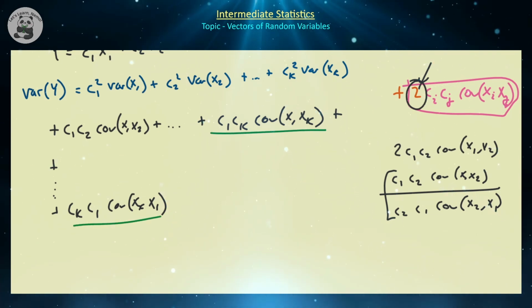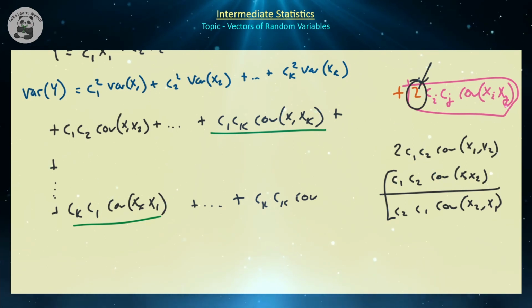We've already talked about that. And obviously this is going to continue all the way down to C(k minus 1) and Ck times the covariance of x(k minus 1) and xk.